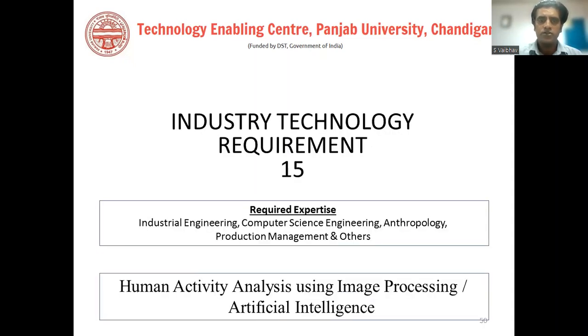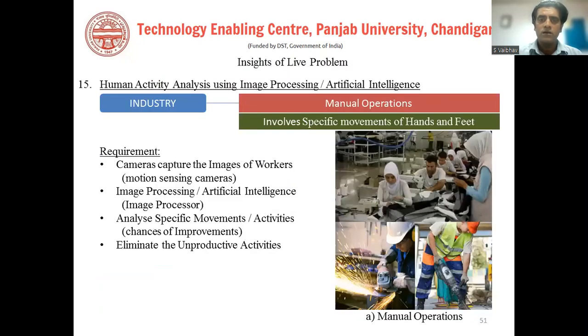The next industrial issue is related to human activity, using image processing or artificial intelligence. This is the problem of an industry that uses manual operations for making their parts, and the process involves specific movements of hand and feet. So they require cameras that will capture images of the workers.